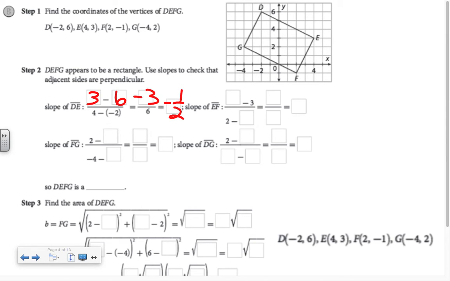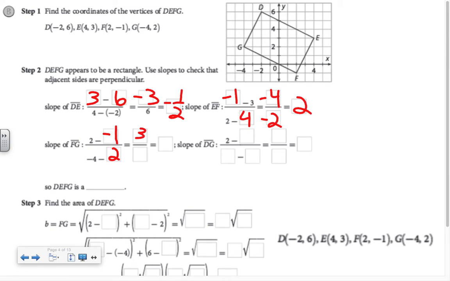The slope of EF is -1 minus 3 over 2 minus 4. When I simplify that, I have -4 over -2, which is +2. So hopefully you're noticing that DE and EF are, in fact, opposite reciprocals. Let's continue. FG, its slope is 2 minus -1 over -4 minus 2.